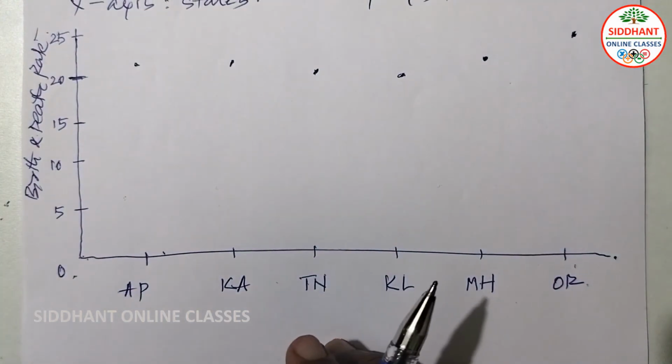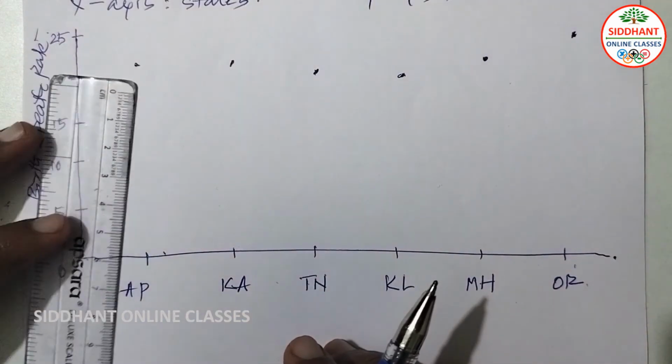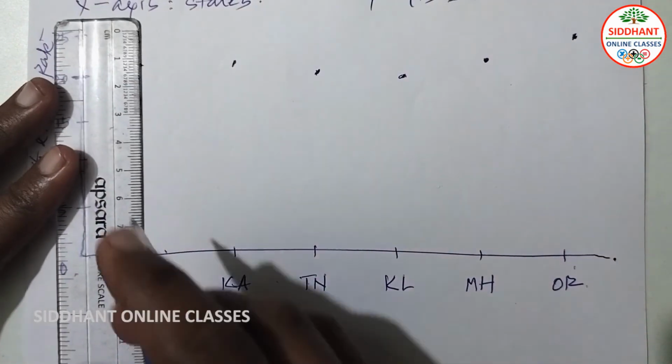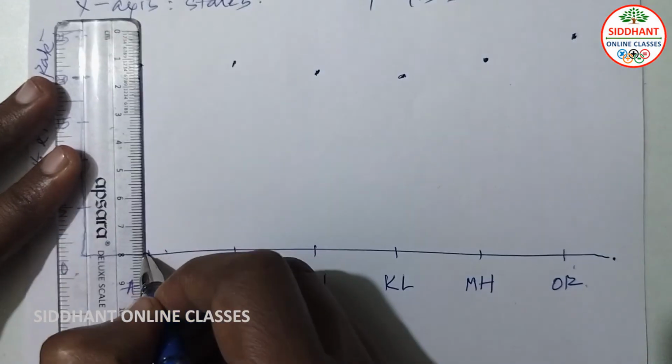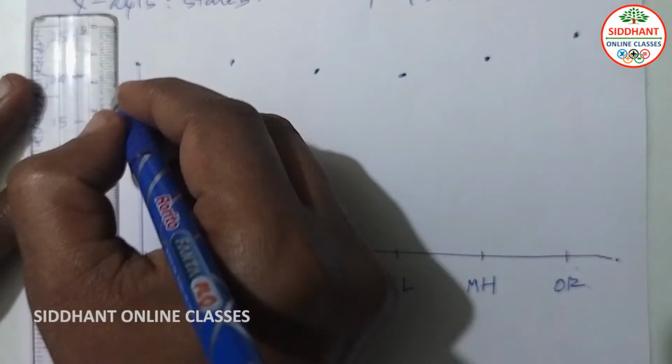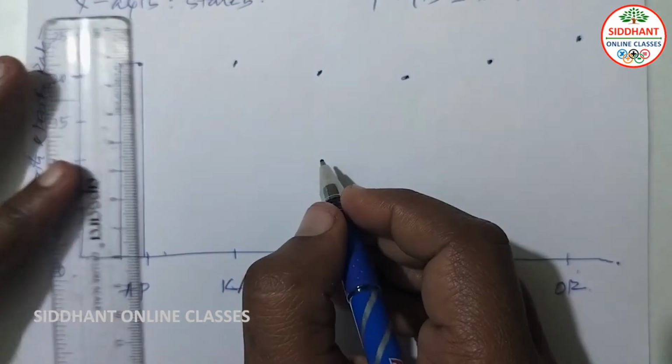Next we are going to draw the bar graphs here, bar diagram. So we draw in this way.